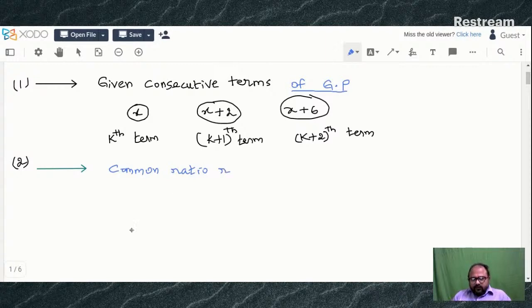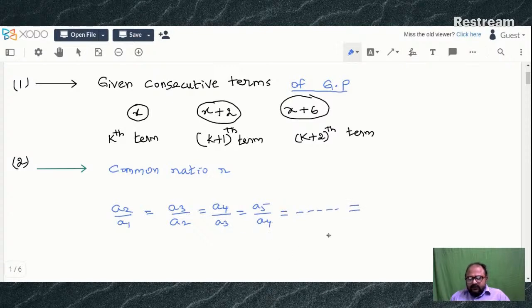Common ratio r is defined by second term by first term, equal to third term by second term, equal to fourth term by third term, fifth term by fourth term, and so on.